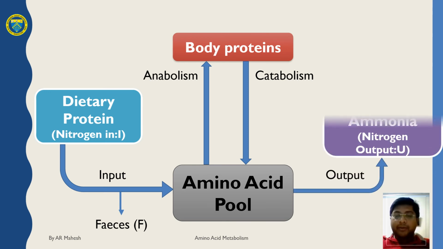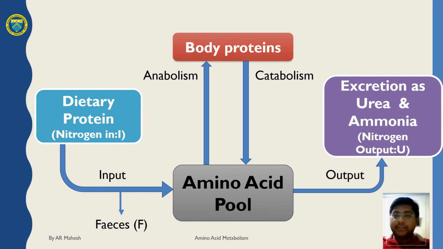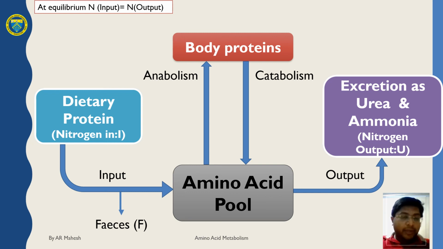The amino acid output is through excretion of amino acids as urea or ammonia. The only way amino acids or proteins are excreted through metabolic cycles is through urea and ammonia. So at equilibrium, the nitrogen output and nitrogen input will be the same.